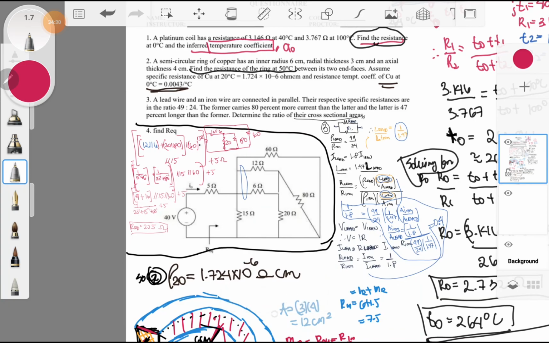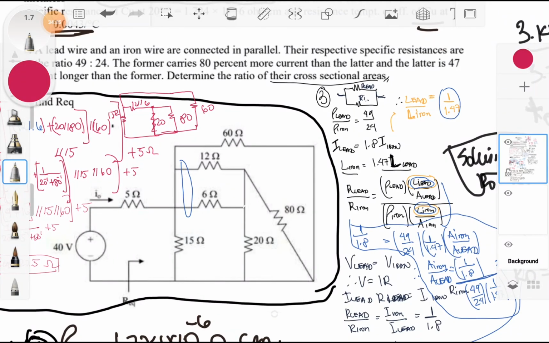Okay. So, pag hindi kayo naniniwala dyan, ito lang yung mga i-apply nyo. So, same node. Same node. And after a while, pag na-connect natin, we'll have same node.